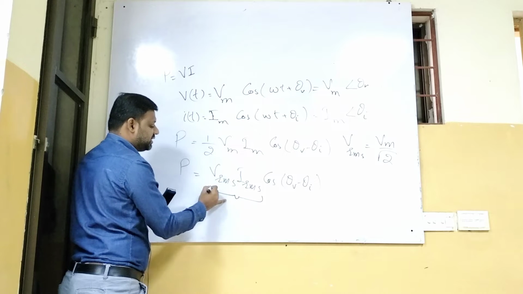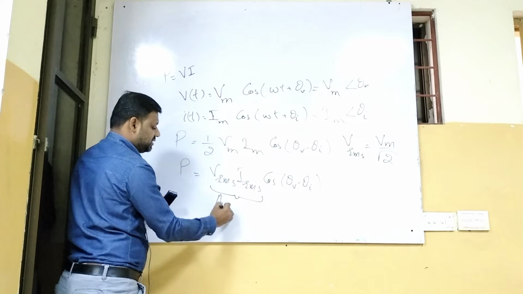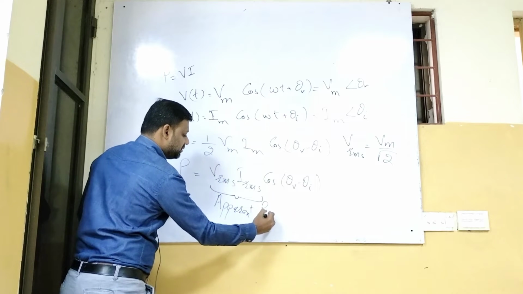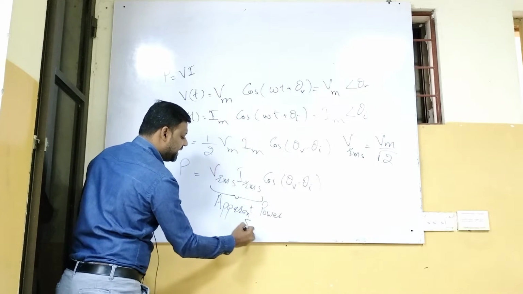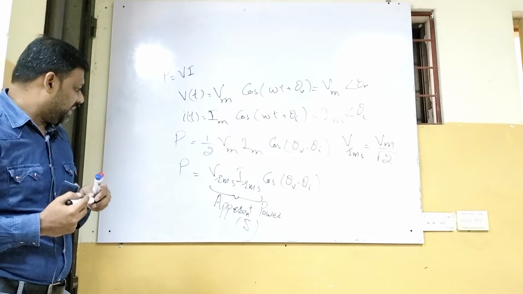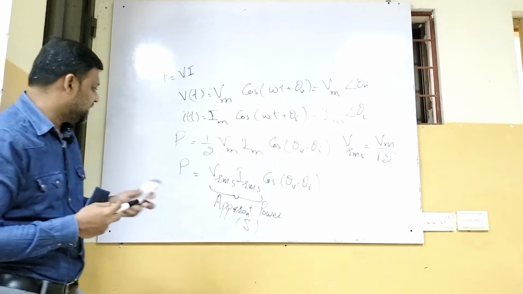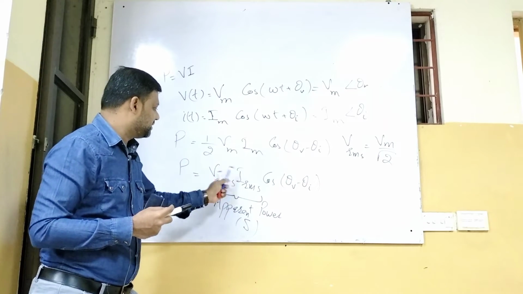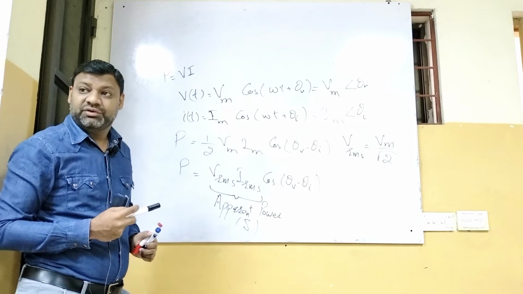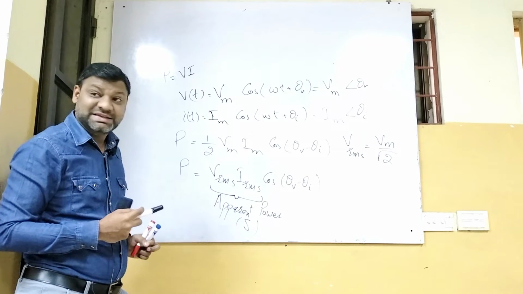The magnitude term is called apparent power, denoted by S. Apparent in terms that, if you see, this is the power that we could also find by applying the DC signal.